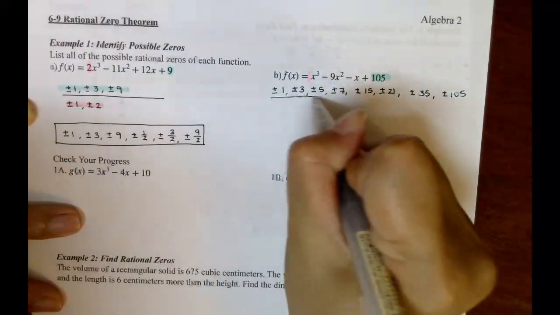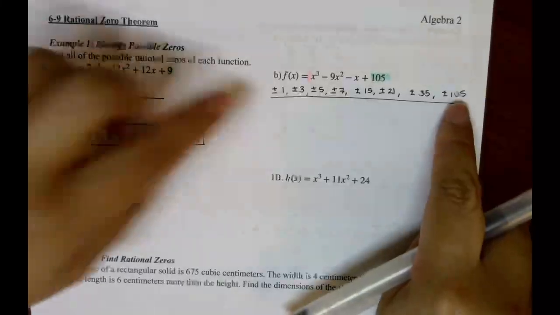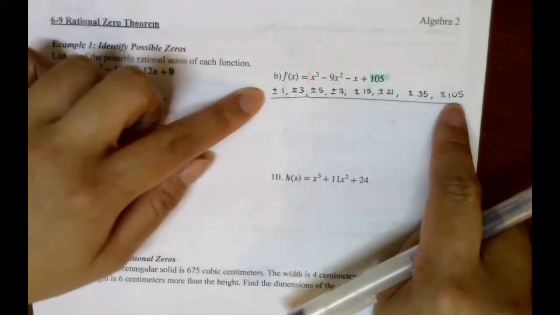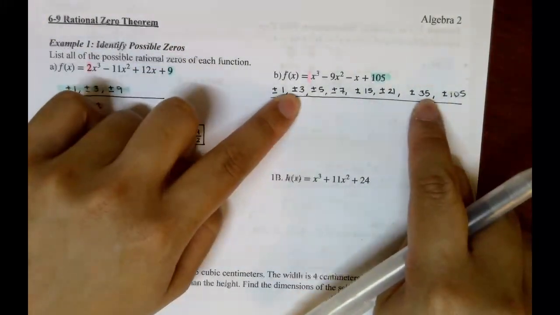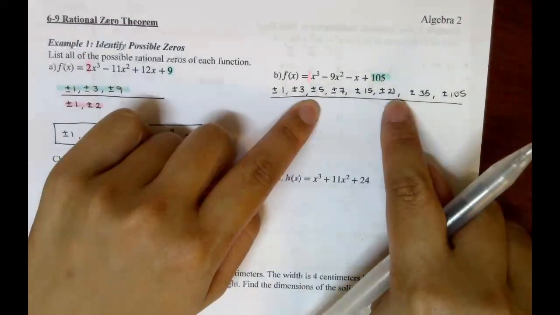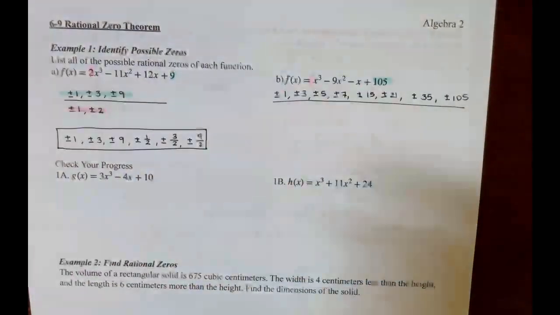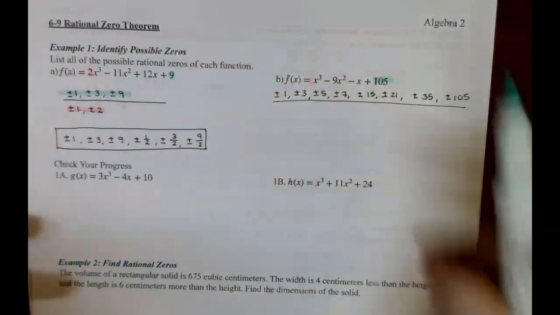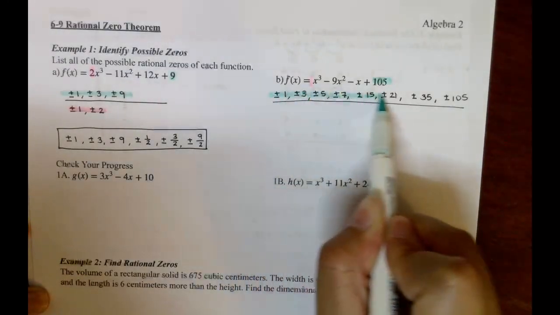One thing that happens is factors should pair up, generally, unless it's a perfect square. 1 and 105, 3 times 35 gives me the 105, 5 times 21, and 7 times 15. So that kind of helps to check some of them.